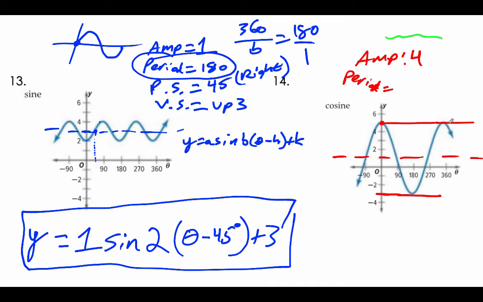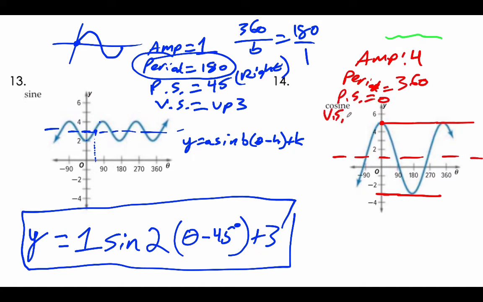Actually, it looks more like, oh dear. Did they do like 330? What did they do here? That was a mess. Let's call it 360. I'm calling it 360. Otherwise it's no good. My phase shift, we don't have one. Phase shift is 0.